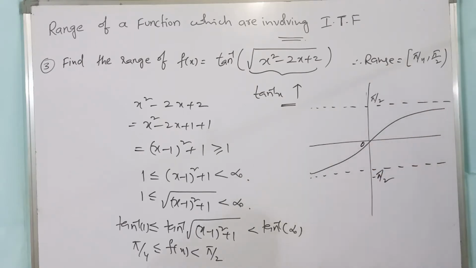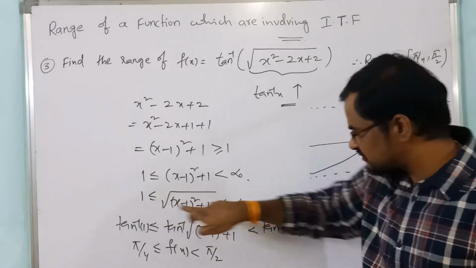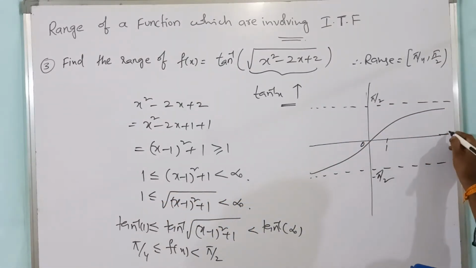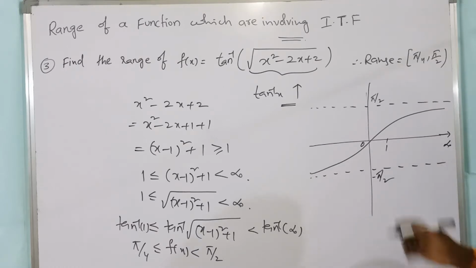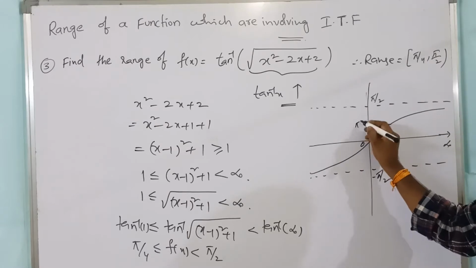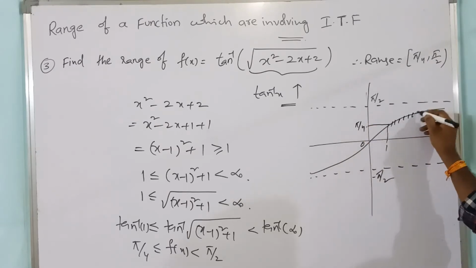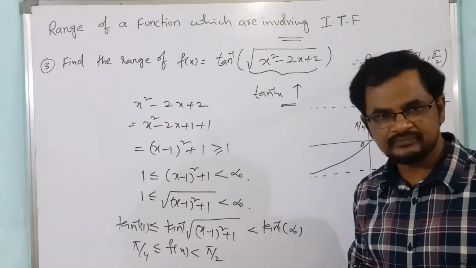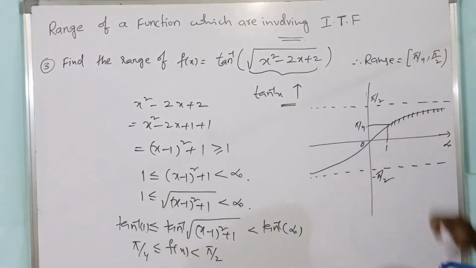Now this expression exists from where to where? 1 to infinity. Meaning here 1 is there, and here it approaches infinity. Meaning here it is pi by 4. So this graph exists. If you apply tan inverse to this expression, this part exists. Meaning where to where?